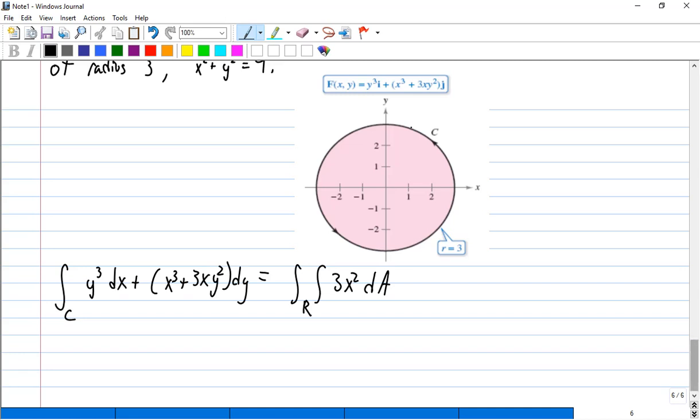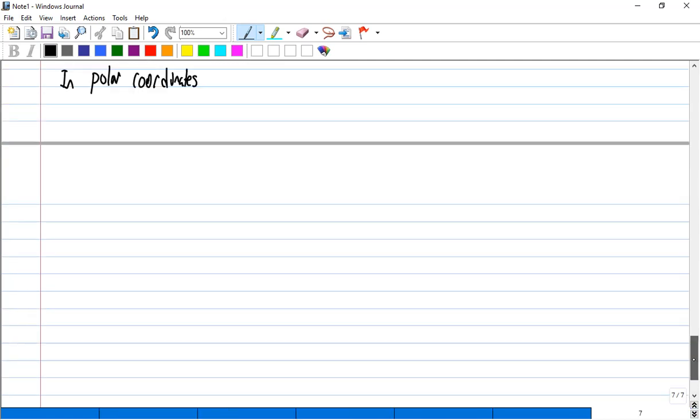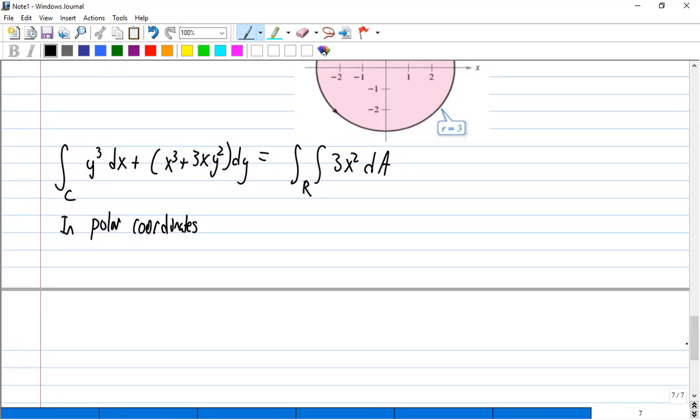So in the polar coordinate system, x equals r cosine theta, right? I'm not going to say what y equals because we don't need it, because we just have an x squared right here.